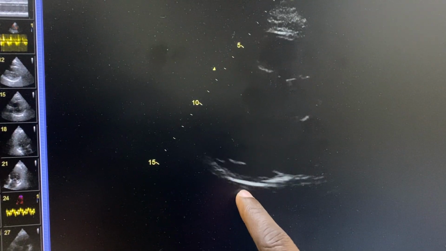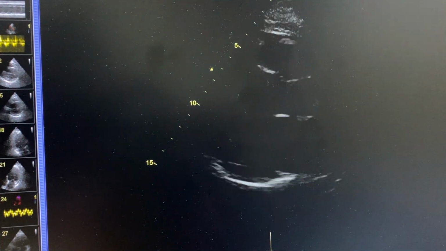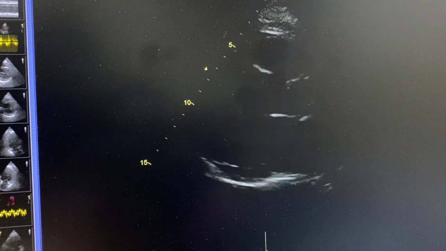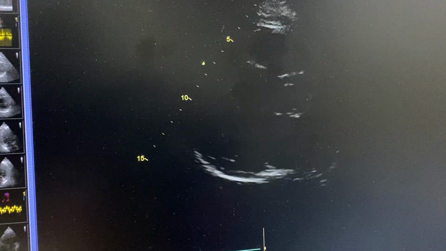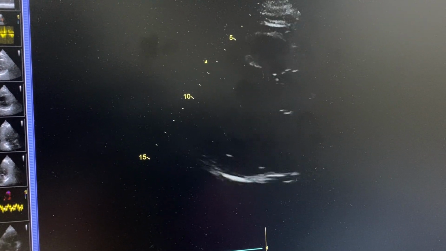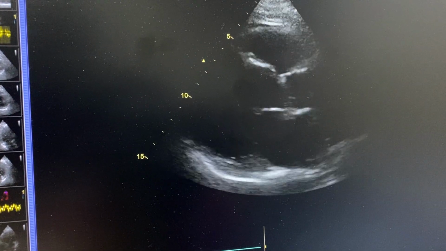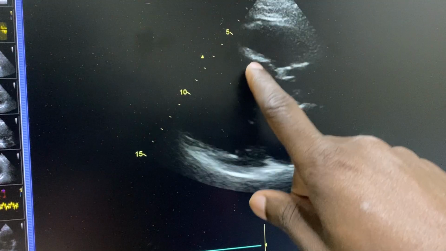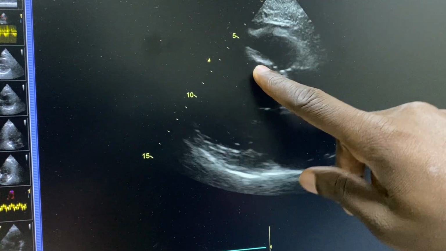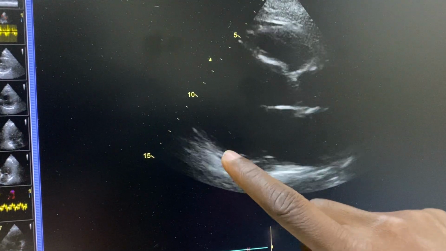So this is hypoechoic, and also here hypoechoic. Scar tissues in myocardium are seen as hypoechoic structures. So in this particular person, it is a hypoechoic segment here, but again not moving as compared to the posterior wall.